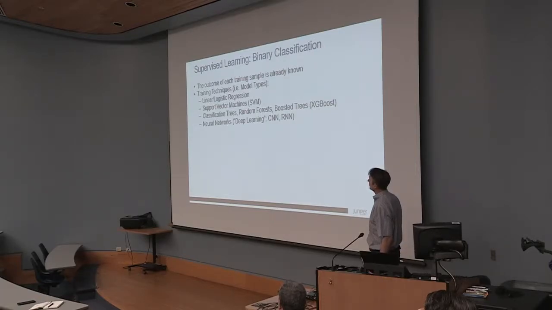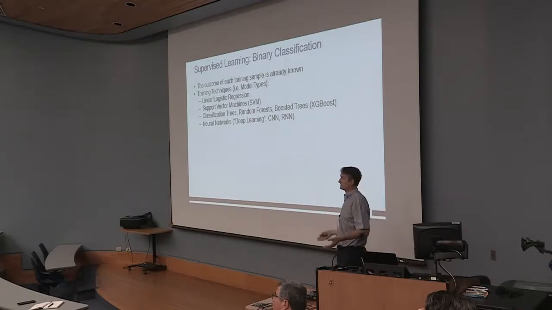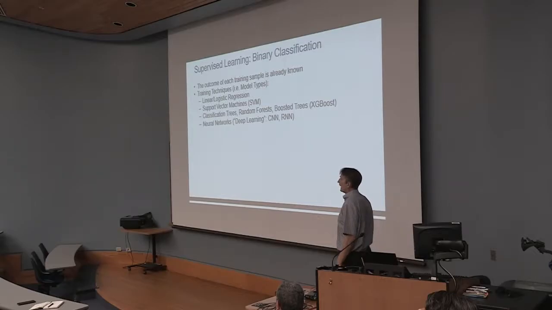So what's supervised learning? Supervised learning is when you have a set of samples and the outcome of each sample is known. You know ahead of time whether it's benign or malicious, for example. And you train with that additional knowledge of this sample is benign, this sample is malicious.